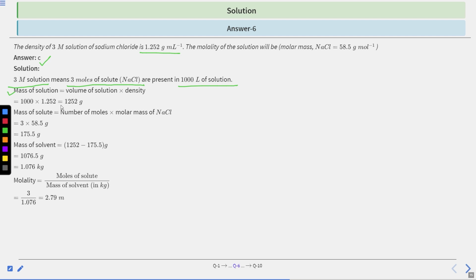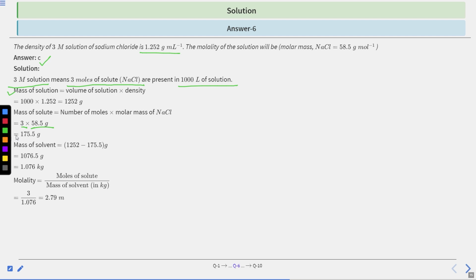And it is coming out as 1252 gram. And mass of solute is equal to number of moles multiplied by the molar mass of the NaCl. Number of moles is 3, and molar mass of NaCl is 58.5 gram.